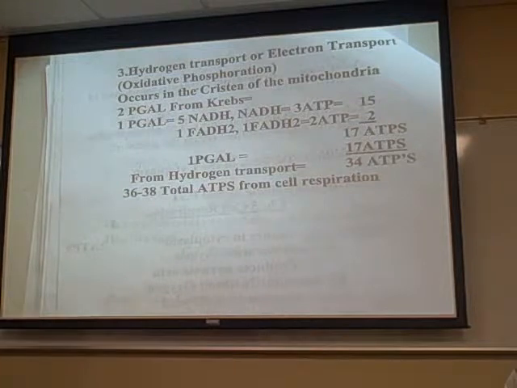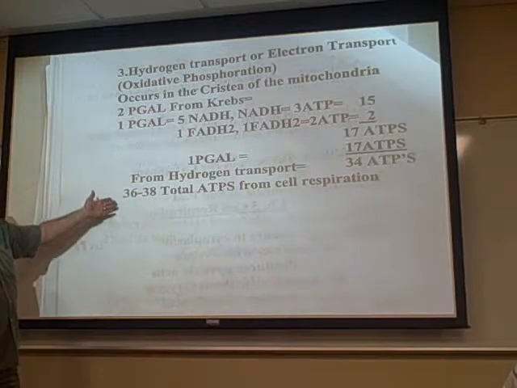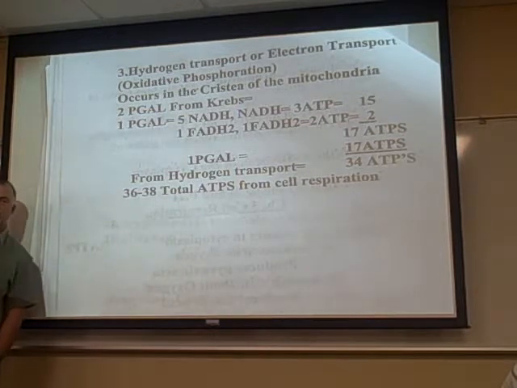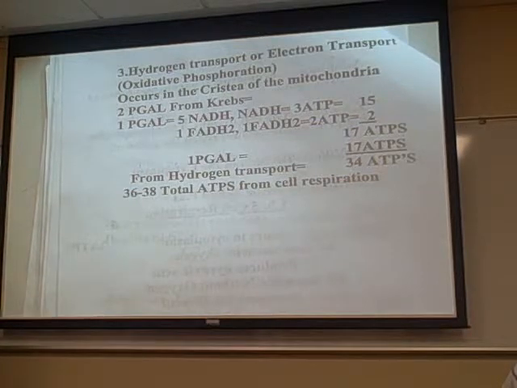How many do we get out of glycolysis? 2. 38 ATPs total. Now, the books will tell you that we use 2 to start the process over, so we're just going to say 36 to 38 total ATPs.